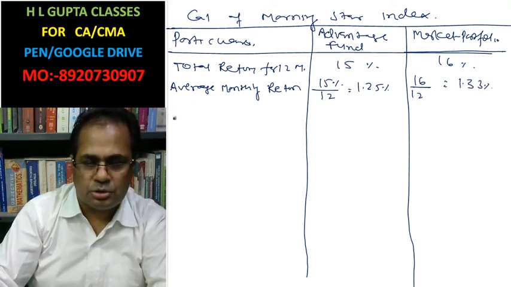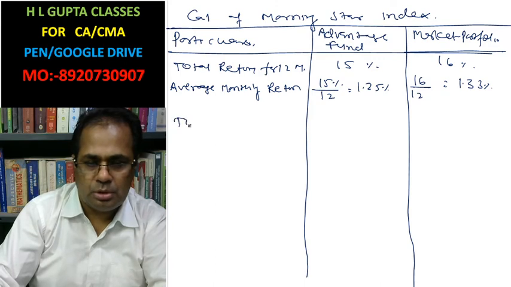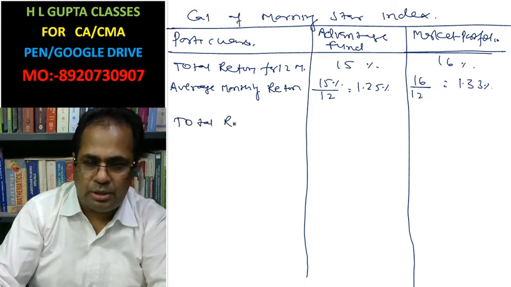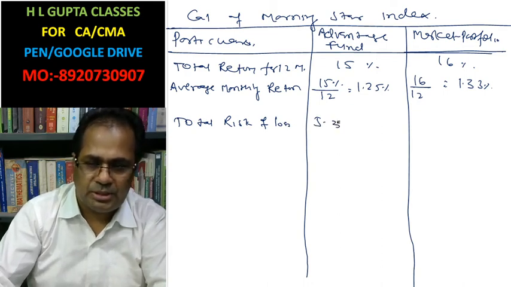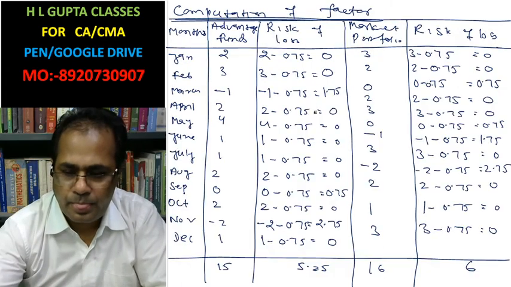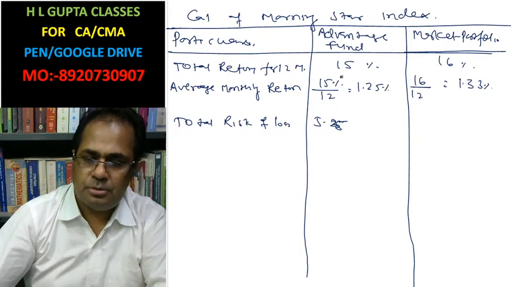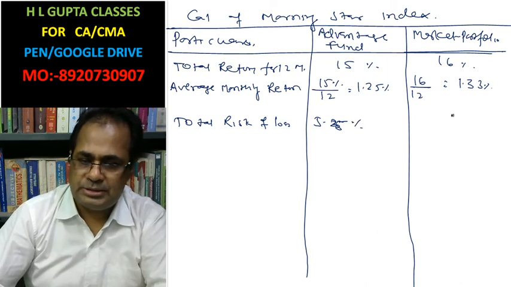Total risk of loss. This is 5.25% and this is 6%.